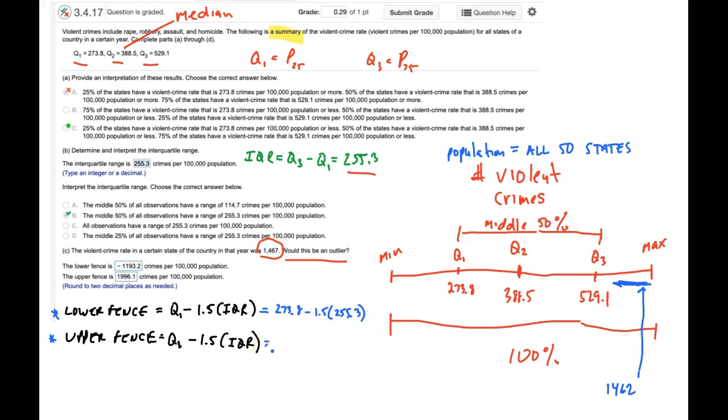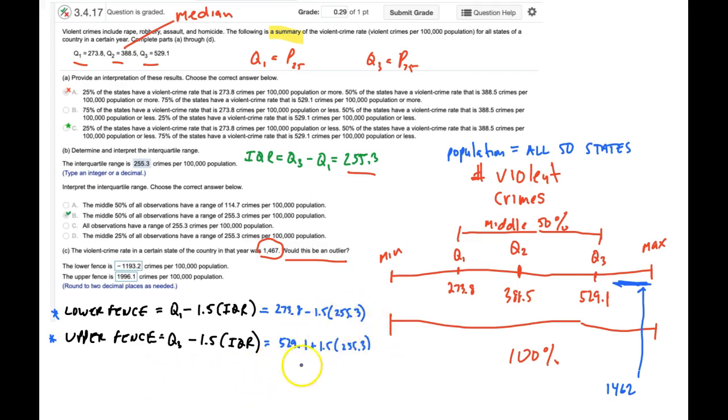That's what the lower and upper fence measure for us. Then 529.1 plus 1.5 times the IQR. This is just a formula that was given to us. You substitute in there, and you end up with two values.